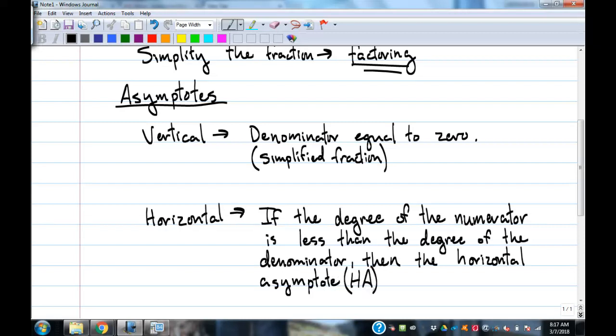So if I say HA, horizontal asymptote, that's what I mean. So we don't have to write that over and over.